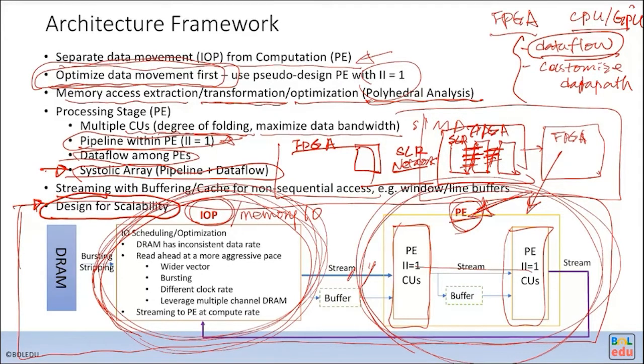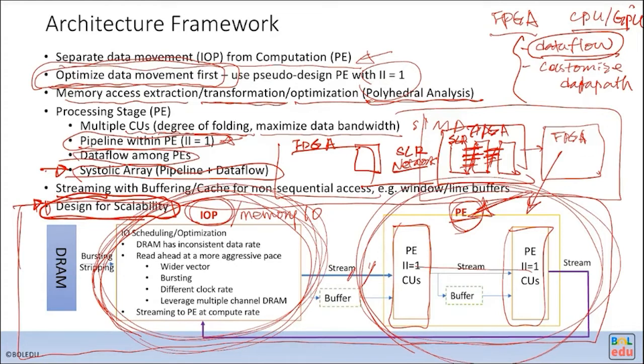How do you partition your problem in a hierarchical way, where each level has different communication overhead? That's a very interesting problem, especially for high performance computing, where people apply all kinds of techniques for scalability. That's another interesting topic that you might consider in your research or future study.